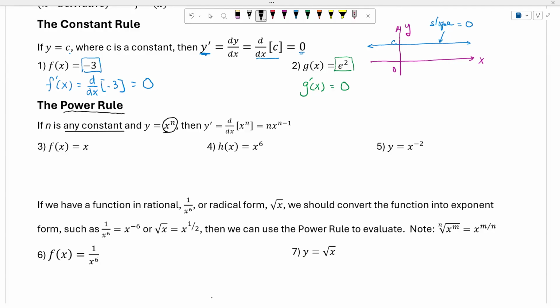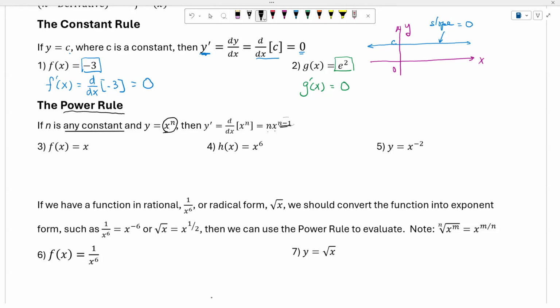Then the derivative of y is n times x raised to the power of n minus 1. So the idea about taking the derivative of a power function is we bring the power down to make it n times, and then we subtract 1 from the power. Okay, so this is the idea.